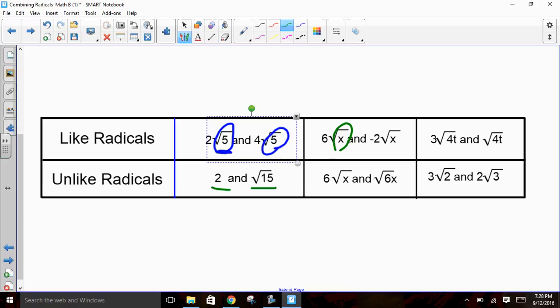I have the square root of x and the square root of x. They're exactly the same. I have the square root of x and the square root of 6x. Again, they are not the same. They do not have the same thing underneath the radical. Square root of 4t, square root of 4t, square root of 2, square root of 3. Not the same.